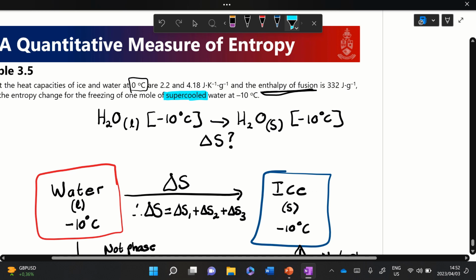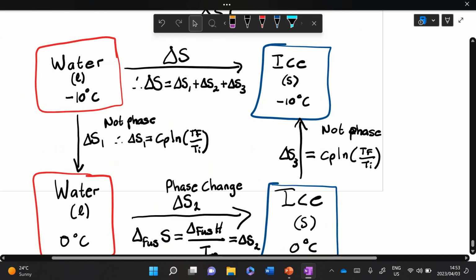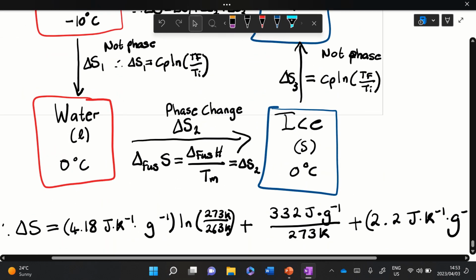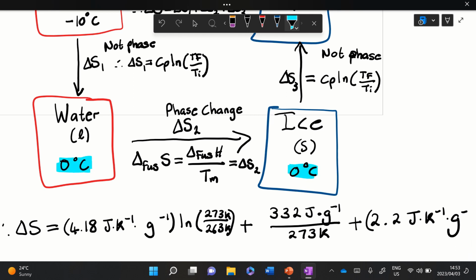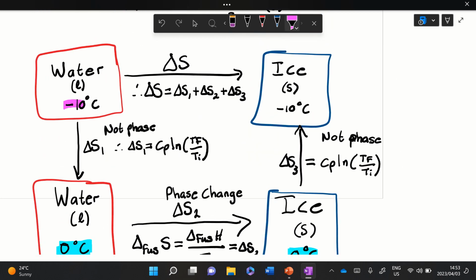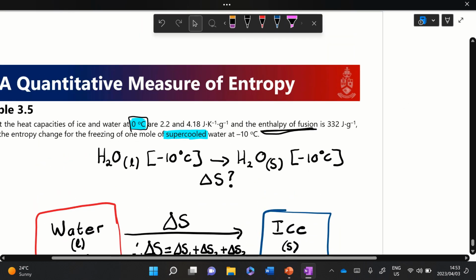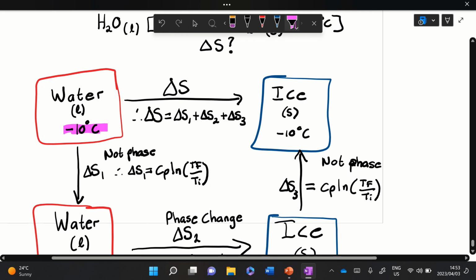We're given this information at 0 degrees Celsius, and we say the enthalpy of fusion at whatever. The enthalpy of fusion we used at 0 degrees Celsius. You agree? There's no change between this 0 degrees Celsius and that 0 degrees Celsius. But if you look at these two, we're going from minus 10 here to 0 degrees Celsius there. And you might ask, how are the heat capacities applicable between 0 and minus 10? How are we calculating this value using that?